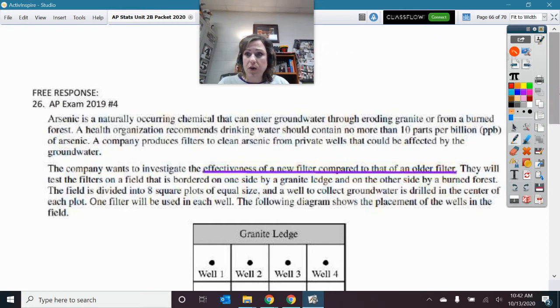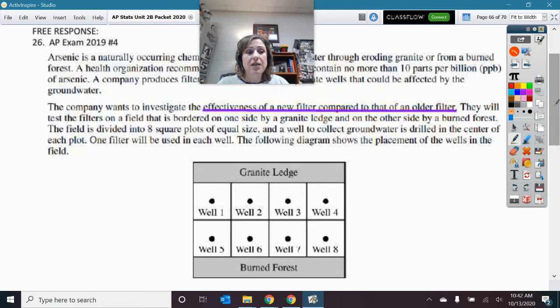Okay, free responses. Here we go. Remember why we block. That's what this problem was getting at. We block, and you need to know this, because there is some kind of trait that will affect what we are measuring. We were measuring arsenic, and granite and burned forests were known to have an impact on the amount of arsenic.